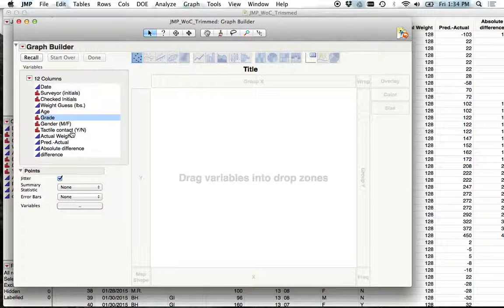Which one of these? The guesses, but which one? What do you think would be the most informative? Ooh, absolute difference might be a good one as well. I think for this, let's try predicted minus actual. I think that's a good one to start with. But I like the way you're thinking. Yeah, absolutely. We can definitely look at that one as well.